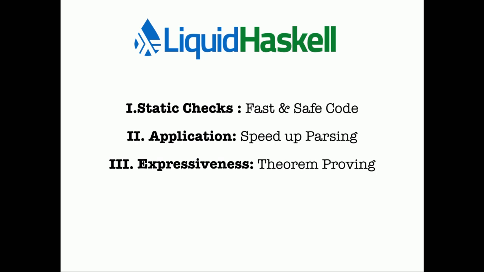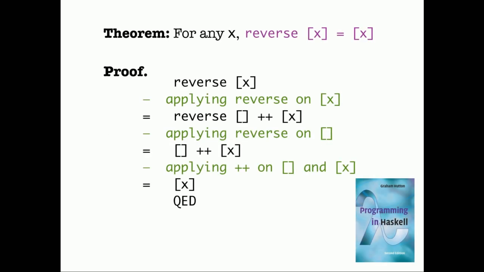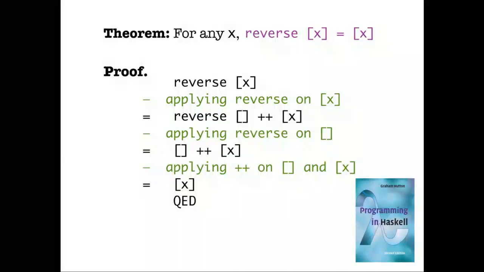My claim is that you can do very expressive theorem proving using LiquidHaskell. I'm going to start from a very simple theorem, taken from Graham's book, Programming in Haskell. In this book, there is a section called Reasoning about Haskell Programs.